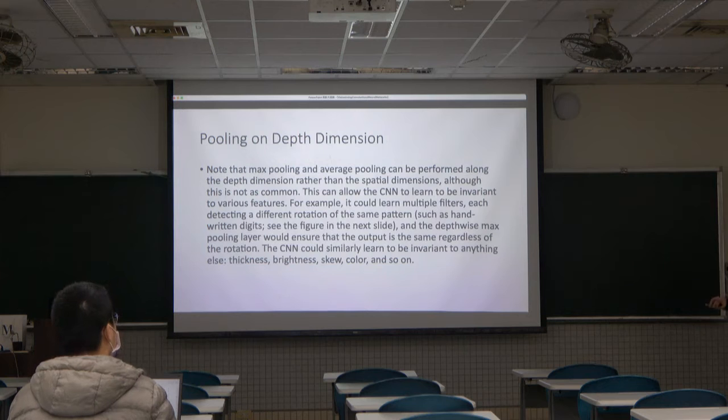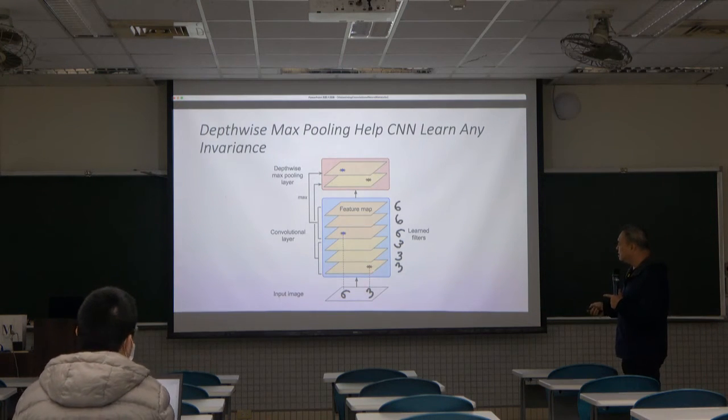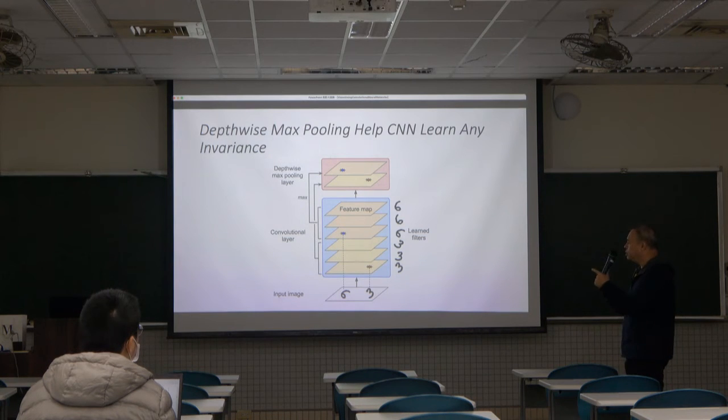Let me give you an example. In this example, different features represent different rotation angles. If you use the pooling on the depth, then it allows you to create a rotational invariance.